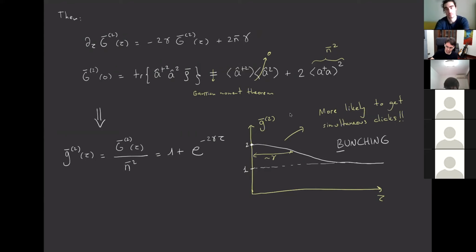Okay, and it was first explained in a way that was satisfactory for all theoreticians by Glauber, after developing the beginning of the theory of quantum optics. In particular, this is a phenomenon that was observed by Hanbury Brown and Twiss. So maybe you have heard this name if you have read some books of quantum optics, when they were measuring the light coming out of the stars, okay?